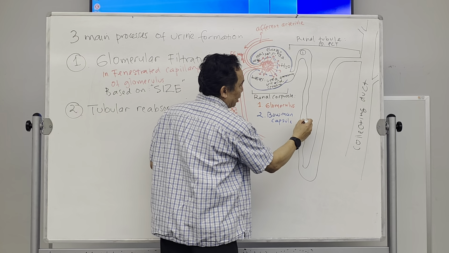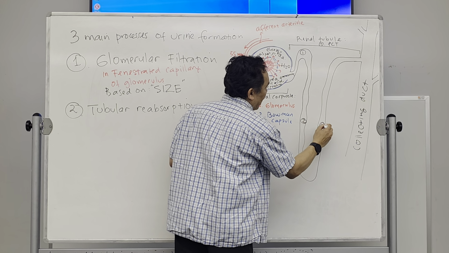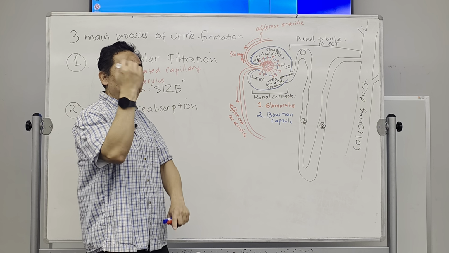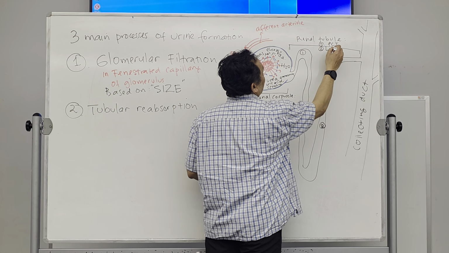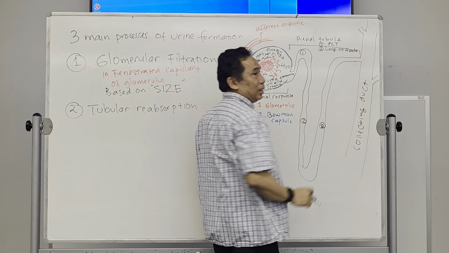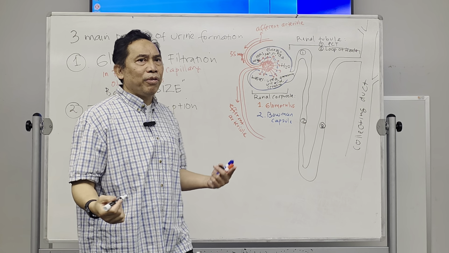The second part is the one that goes down and then up. Down and up, making a loop. Therefore, it's called the loop of Henle. Sometimes people also call it the nephron loop.